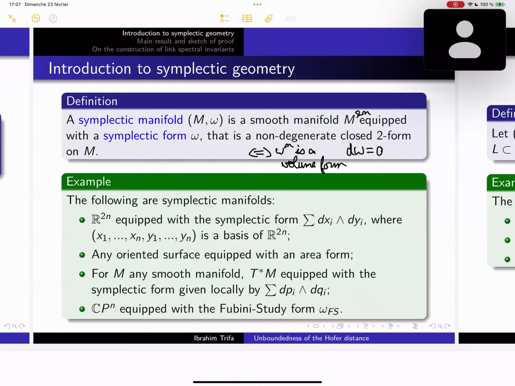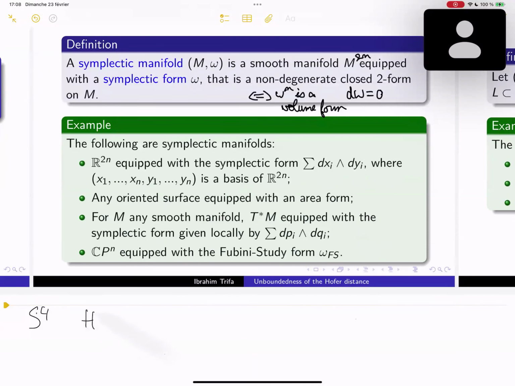As I said before, every symplectic manifold is of even dimension, but there are some even dimensional manifolds that do not admit any symplectic form. For instance, if you take S^4, then you know that the second de Rham cohomology group of S^4 is trivial. So you can never find a closed two-form whose second power would be a volume form.